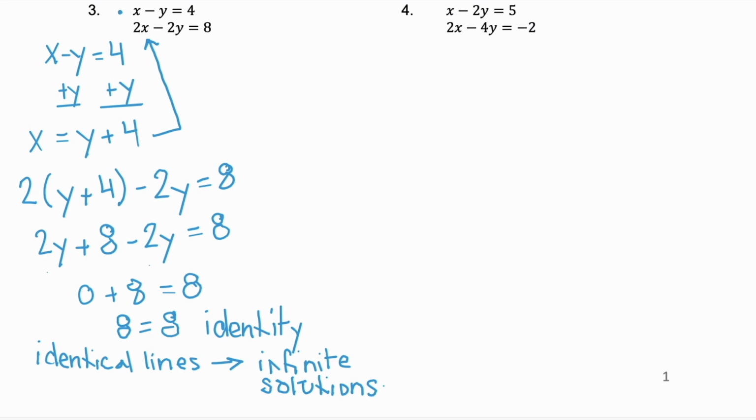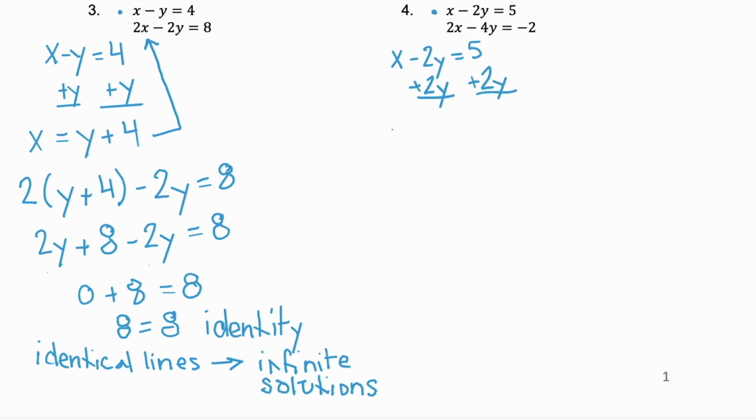So example 4. In example 4, we have two equations, and it's probably easiest if we solve that first equation again in terms of x. So if we have x minus 2y equals 5, to isolate x, we need to add 2y to both sides.